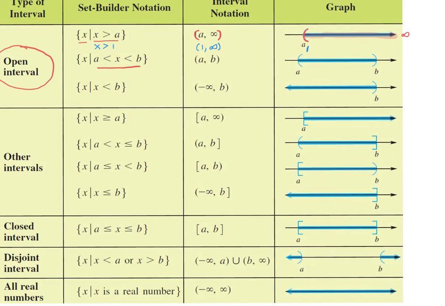But x is strictly greater than a, and x is strictly less than b, not equal to. So again, we're going to have parentheses, and we're going to look at all x values between a and b, not including a or b. And something that we have to be careful with in interval notation is that we're always going from small to large. Order matters.